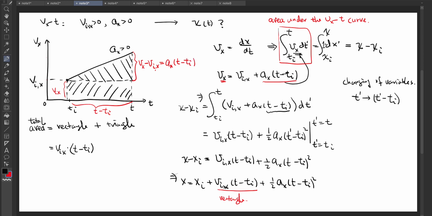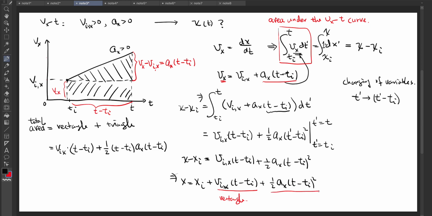Okay, so now that we've figured out both base and height, we can write down the triangular area. So 1/2 the base (t minus ti) times the height Ax (t minus ti). And that's exactly the second term, right? If I put together t minus ti, I will get 1/2 Ax (t minus ti) squared.